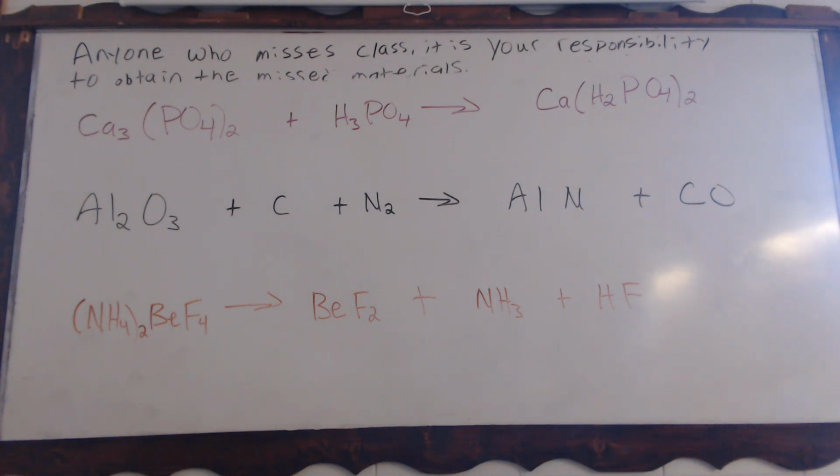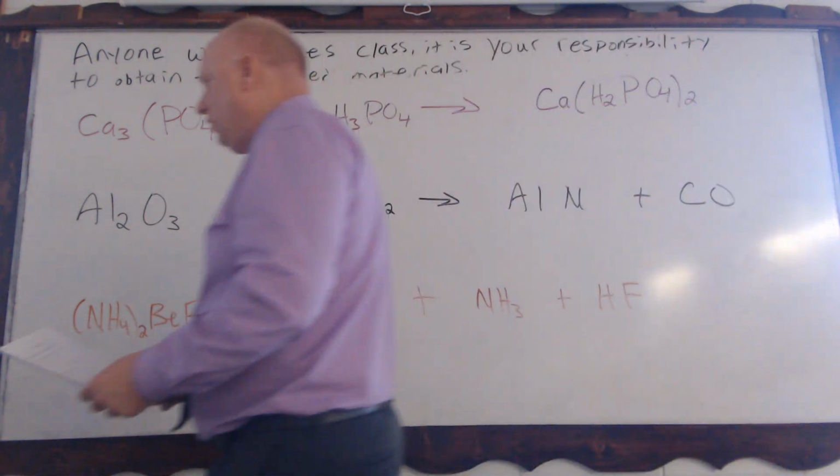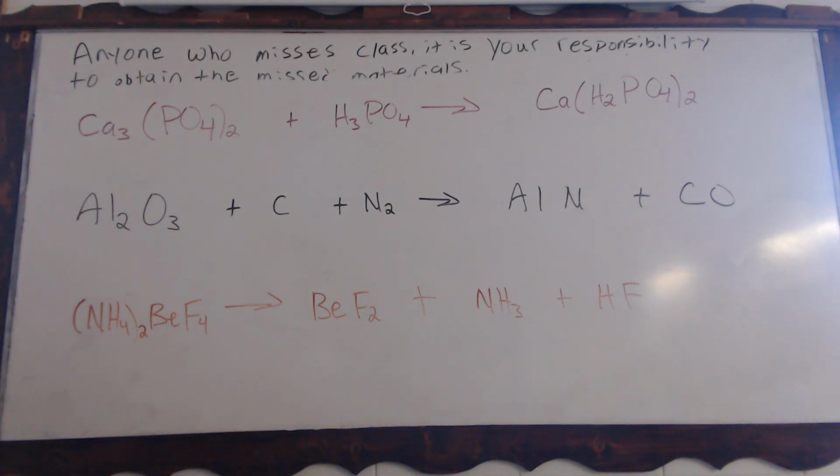So then, if you had to classify this, what would it appear to you? Yes, top one is a synthesis reaction. Then what is the opposite of a synthesis reaction? Decomposition, that's right.